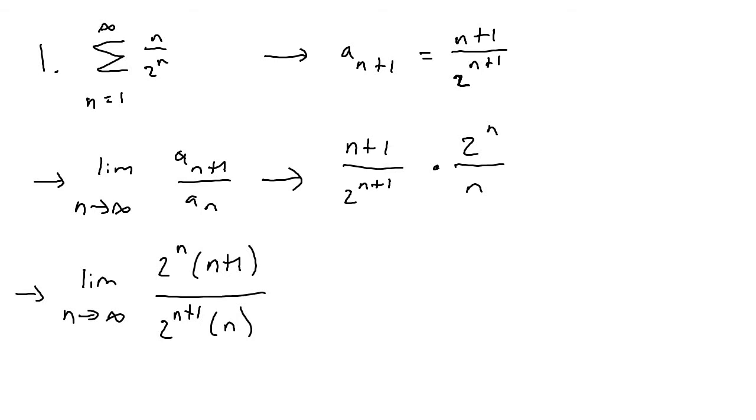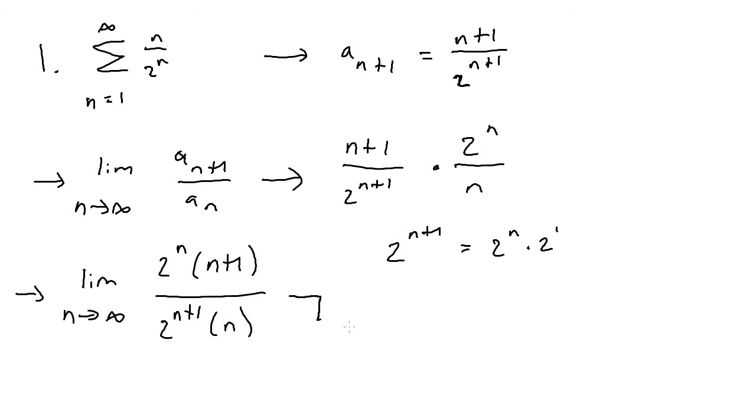So now to simplify, what I can actually do with 2 to the n plus 1 is separate it out using properties of exponents. So I can break this up into 2 to the n times 2 to the first, or just 2. Because when we multiply by terms of the same base, the exponents will add.